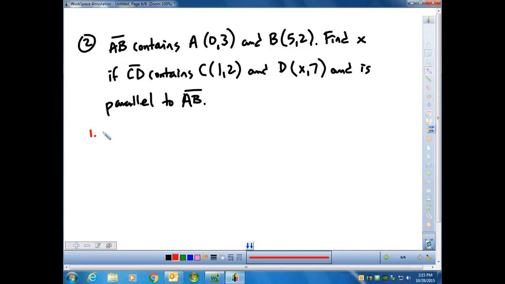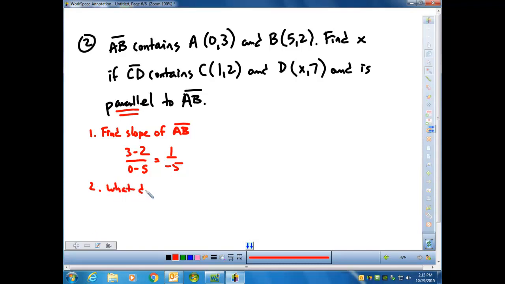Alright, so you either pushed pause and you figured it out, or you don't really have a clue, and so I'm going to walk you through it right now. Step 1, let's find the slope of the line we can actually find the slope of, which is AB. So using the slope formula, 3 minus 2 over 0 minus 5 gives us negative 1/5. Now, an important word in the problem is parallel.